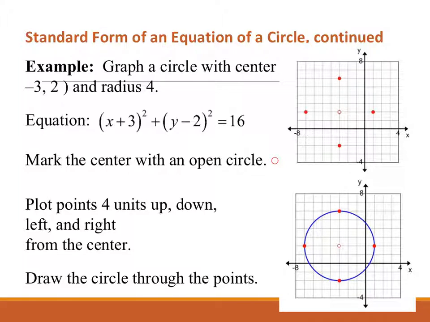So in this section we're going to graph a circle. We're going to put the circle where it is on the graph, and then we're going to actually draw the circle. For the graph of a circle with the center at (-2, 3) and a radius of 4, we will put the center of the circle at (-2, 3).